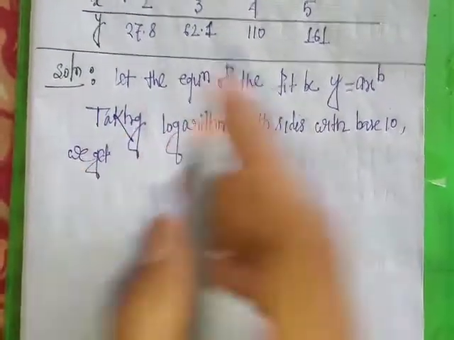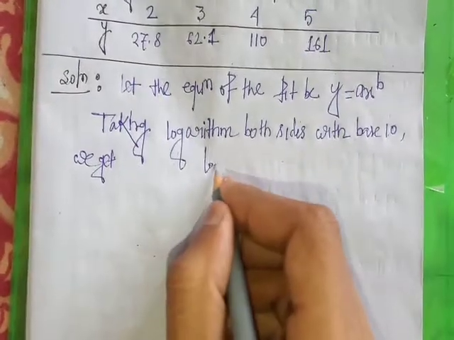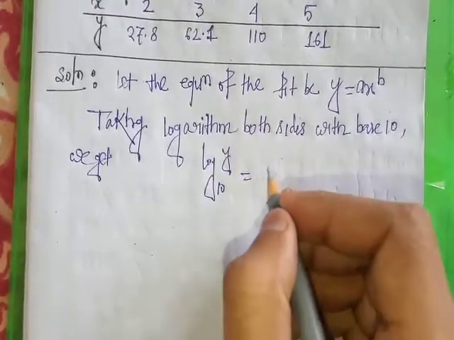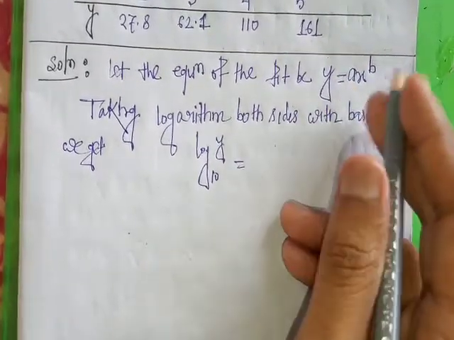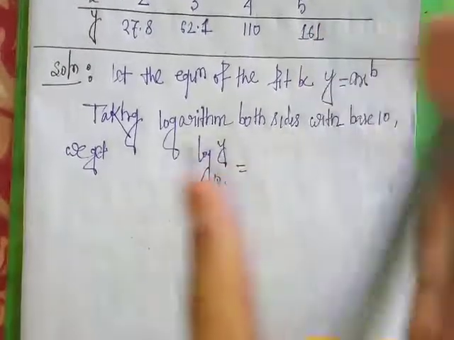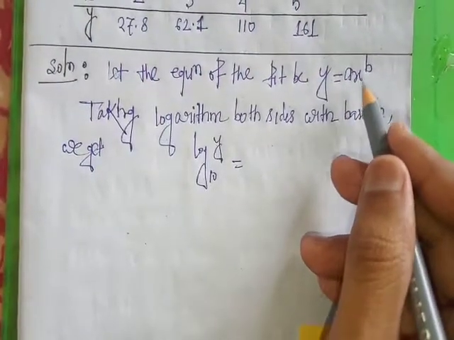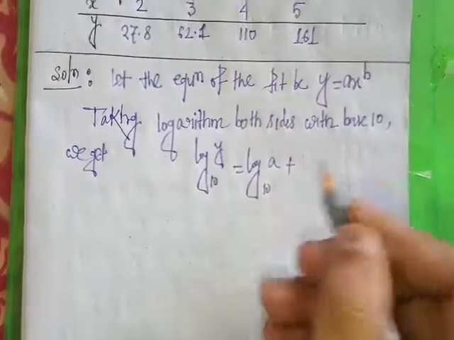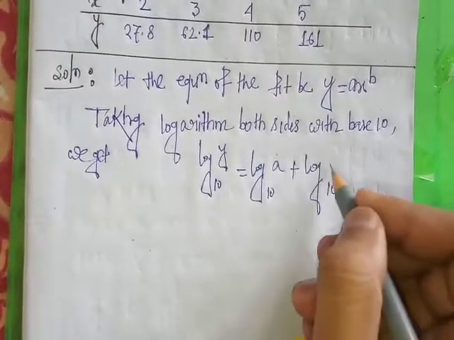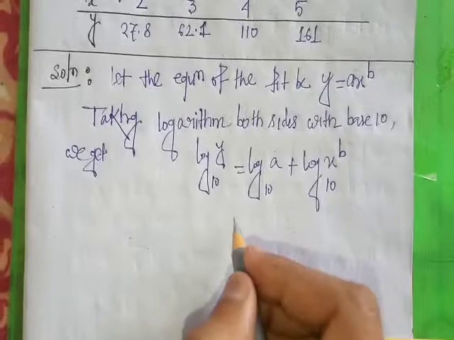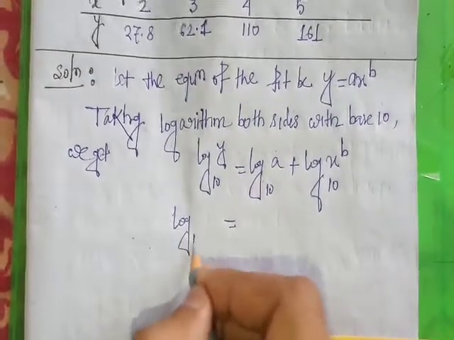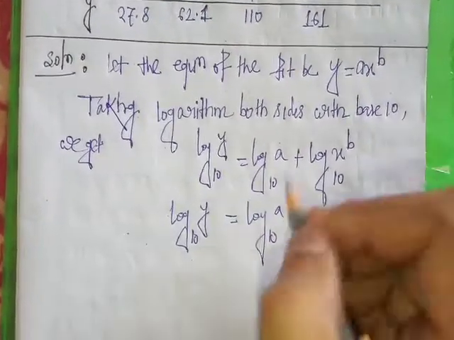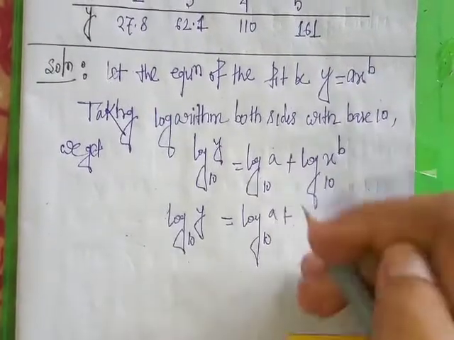log 10 y equal to log of ab, which means log a plus log b. This is a result. So log of a into x to the power b means log 10 a plus log 10 x to the power b. So log 10 y equal to log 10 a plus log of x to the power b, which means b log x.